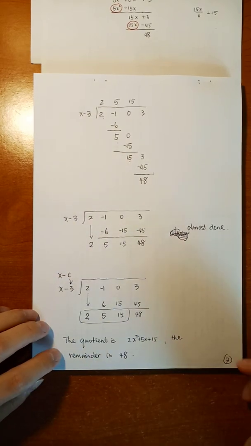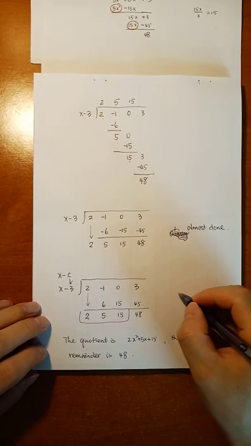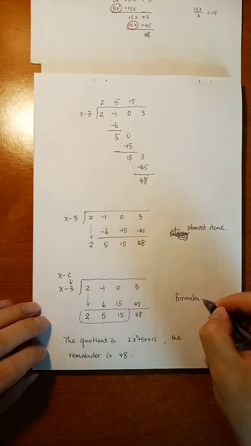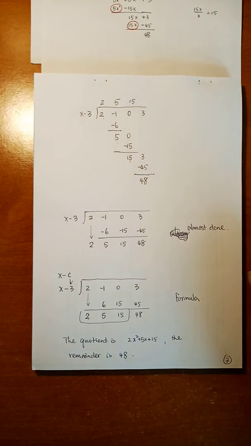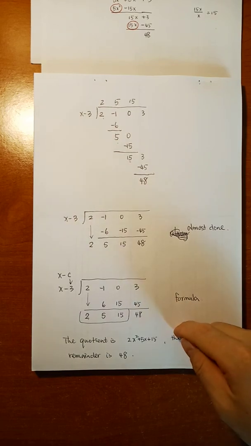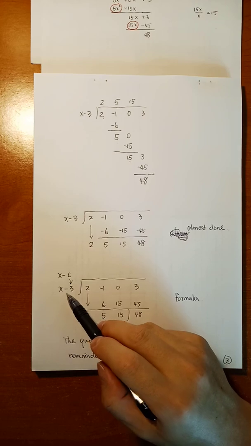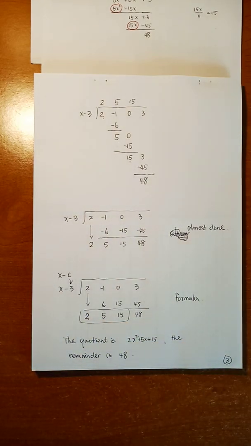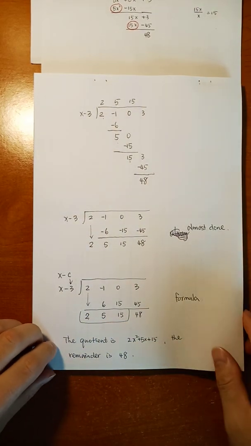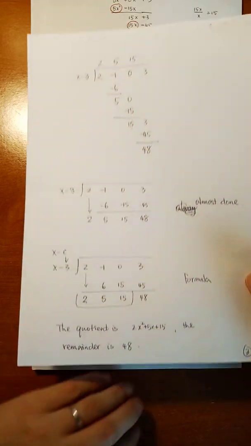Okay, so this is synthetic division. This is the correct version of the formula. Keep in mind this negative sign is part of the formula. We will do exercises to practice it.